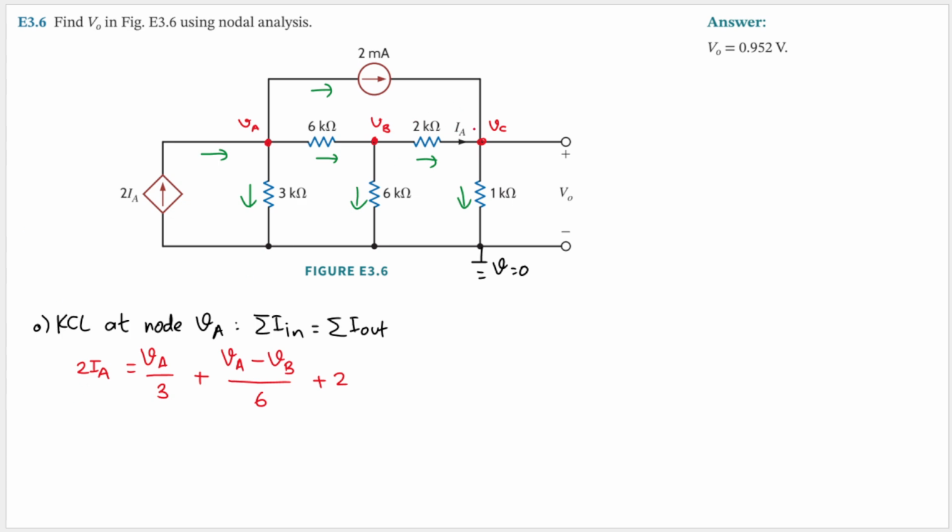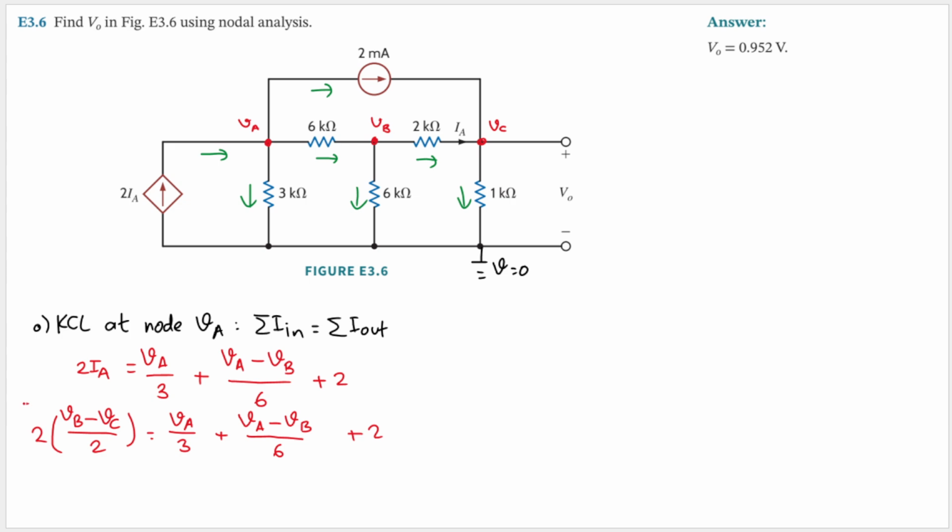IA is this current here, which is VB minus VC divided by 2. So we will have 2 multiplied by VB minus VC divided by 2, and that is IA, right? So we'll have VA over 3, plus VA minus VB over 6, plus 2.